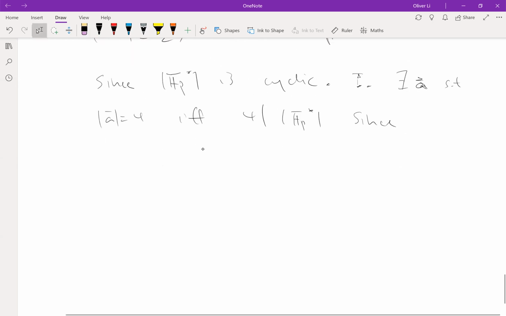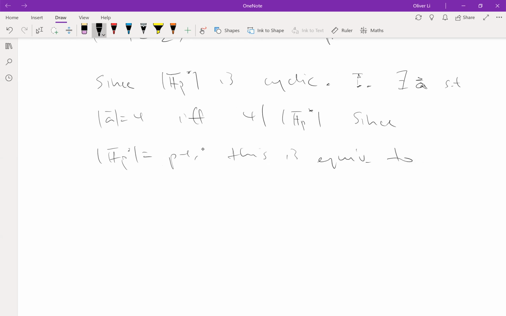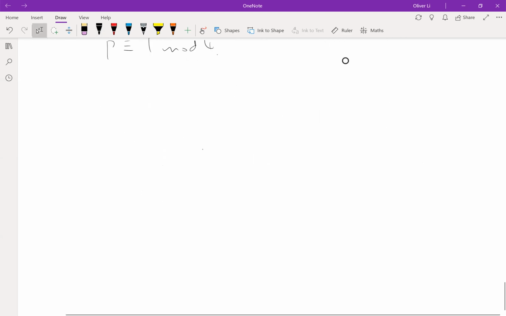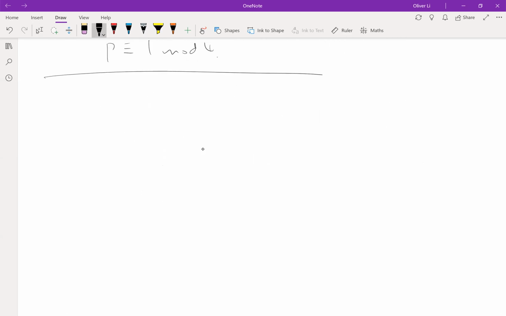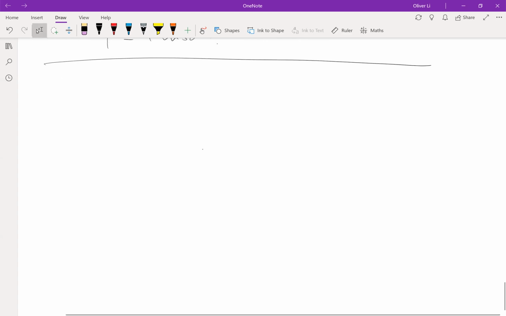Since the order of this group is p minus 1, this is equivalent to p being 1 mod 4. So that's the two lemmas.